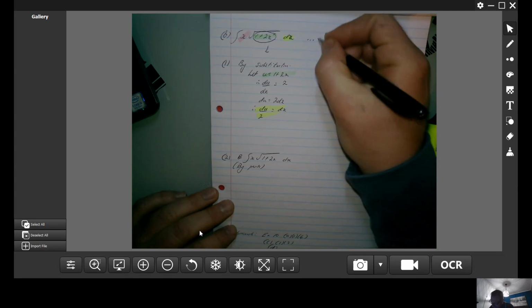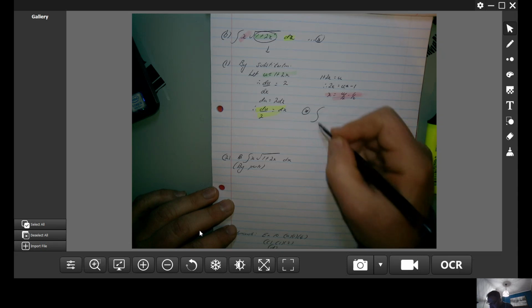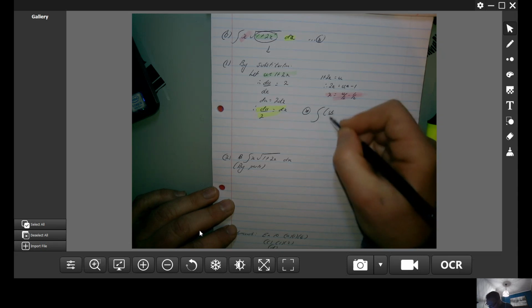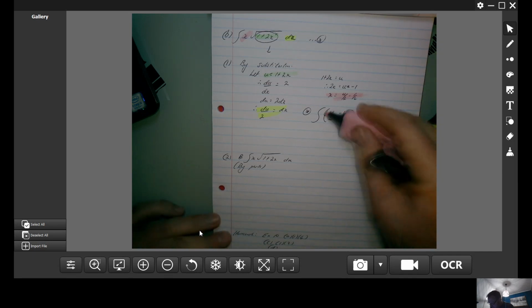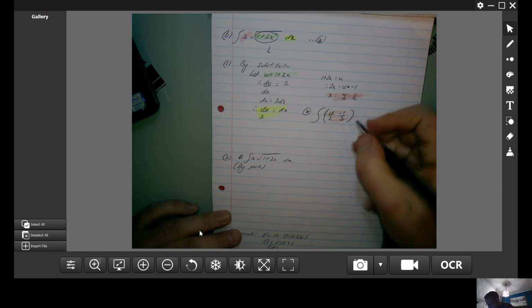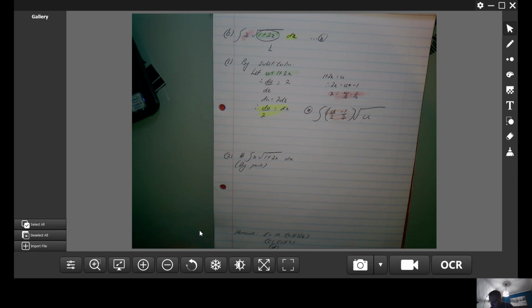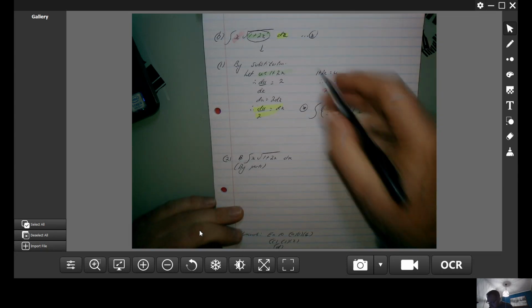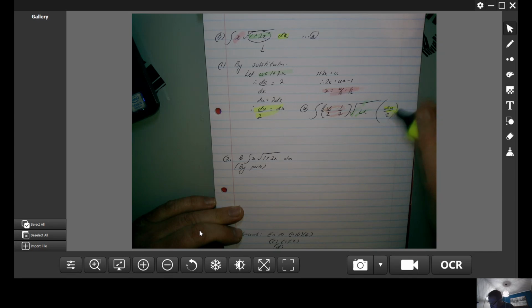So if I go back to the sum and re-express it all in terms of u, I get the integral of u over 2 minus a half, that's that bit over there, times the square root of 1 plus 2x, which is root u. That's that bit over there. And then the dx is du over 2, which is this bit here. It looks ugly, but it's not really that bad.